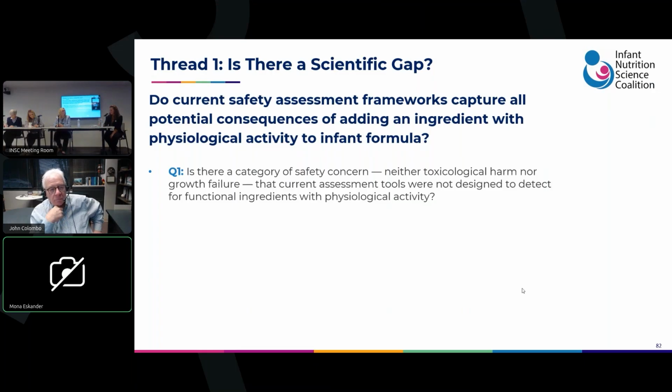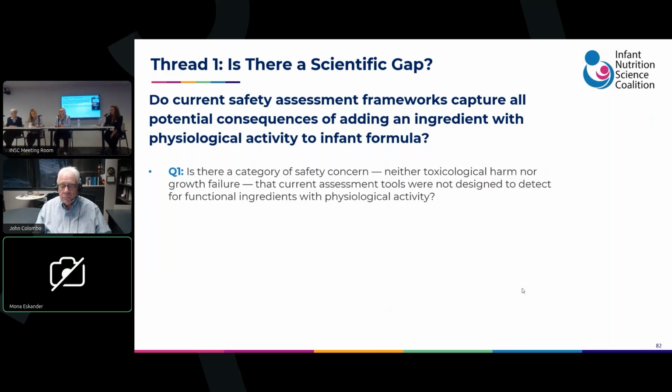In instances where biological activity is evident but long-term developmental implications are uncertain, Health Canada has generally taken a precautionary but science-based position, requiring infant-specific data, exposure alignment with physiological range, and robust clinical reassurance before permitting use.